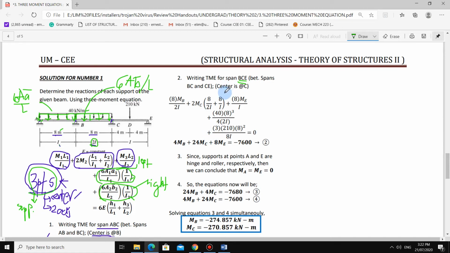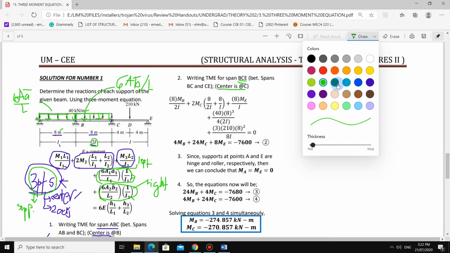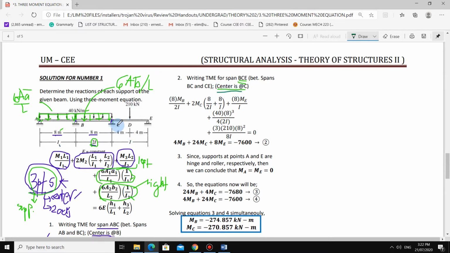Again, when selecting three points, determine the center first. In this case, our center is at C. So C will be our center support. Our adjacent supports are B on the left side and E on the right side.